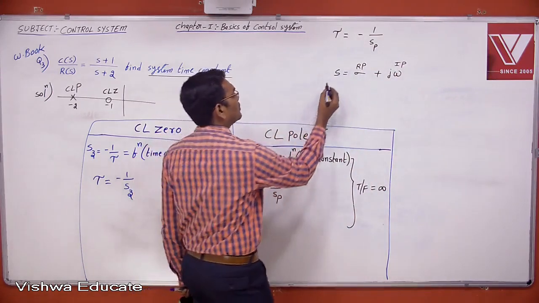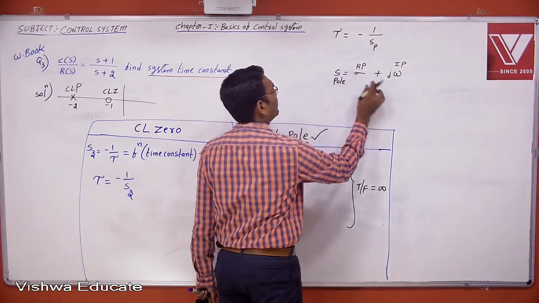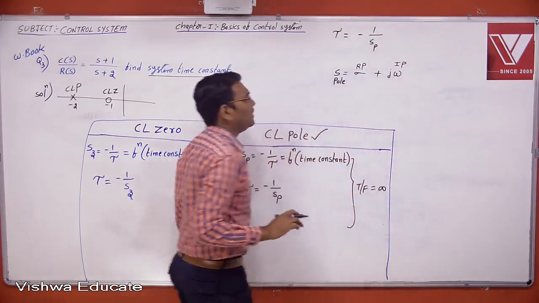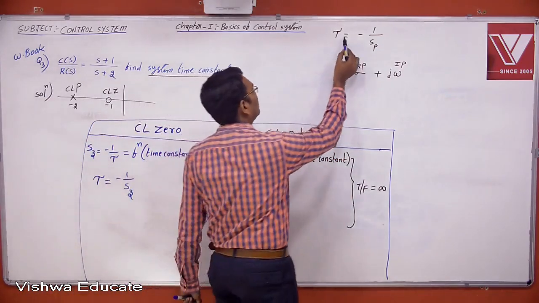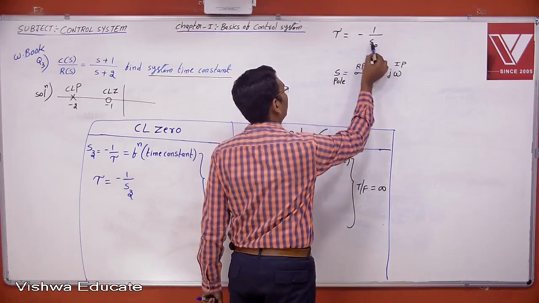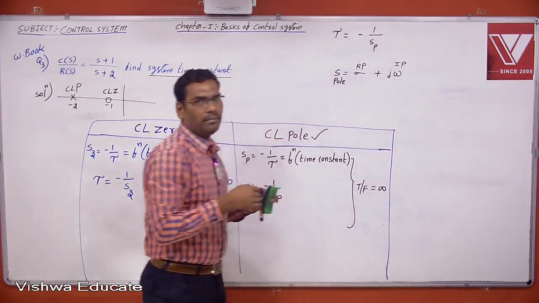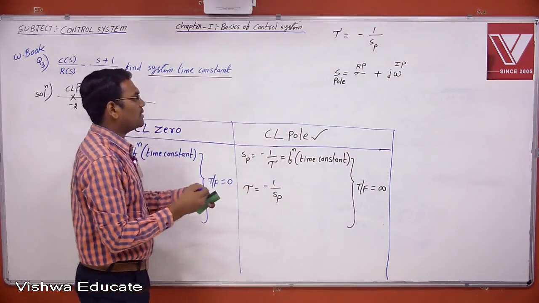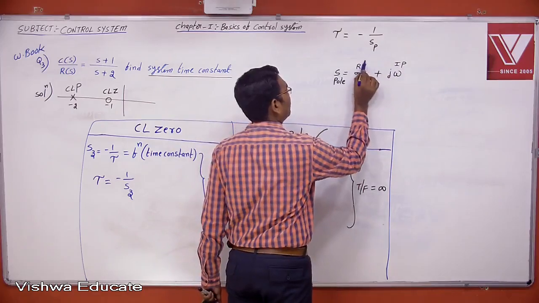Therefore, this is the pole. This is the pole real part and this is the pole imaginary part. Now the time constant is negative of reciprocal of pole, and a pole has a real part and an imaginary part.